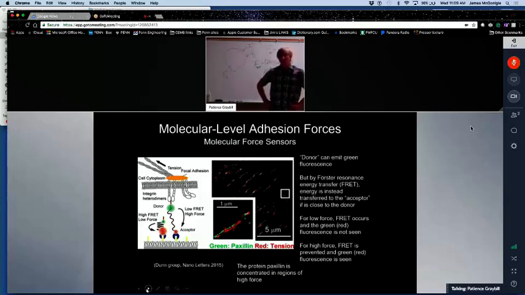there's another way of getting at forces at a greater level of detail, which is using molecular force sensors. And this method, it's called FRET, or Förster resonance energy transfer.